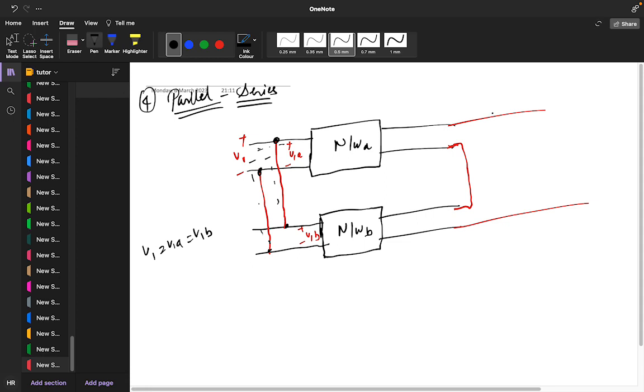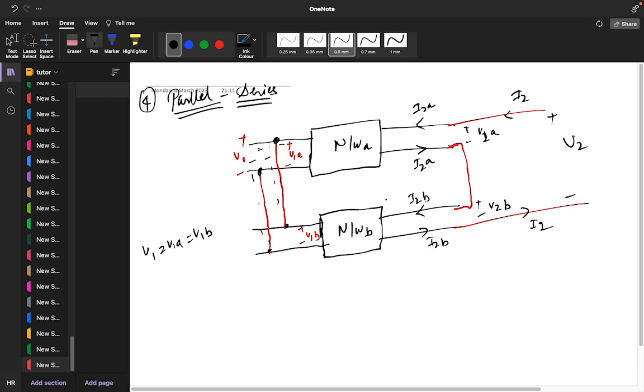And if this is a series, and you take positive negative v2a, and this positive negative v2b, and overall positive negative v2. Here current I2 is coming and I2 current is going. So I2 is equal to I2a, which is leaving, and this is I2b.